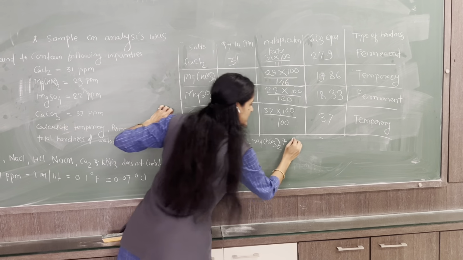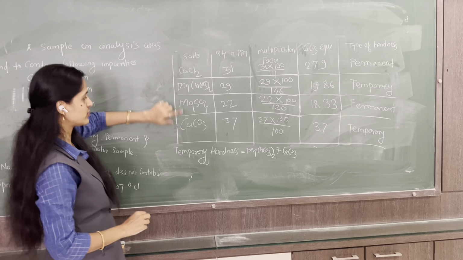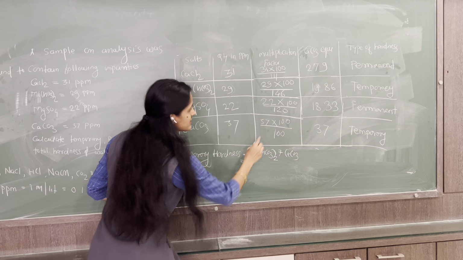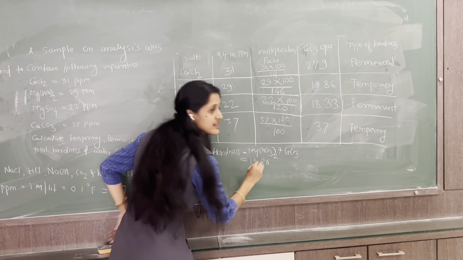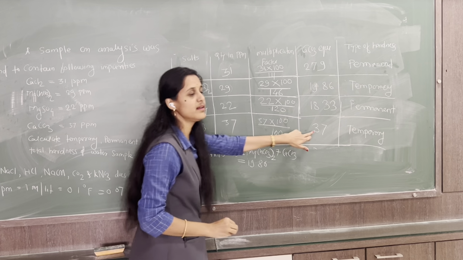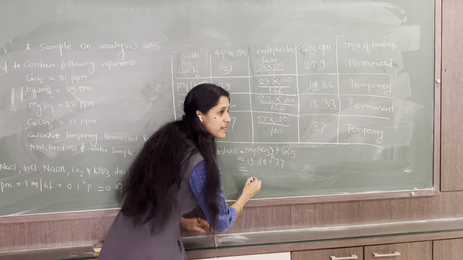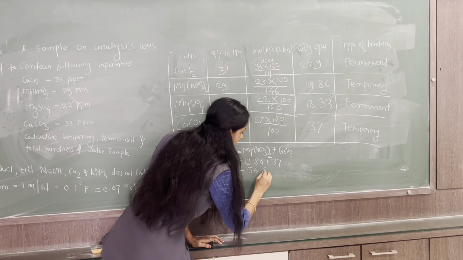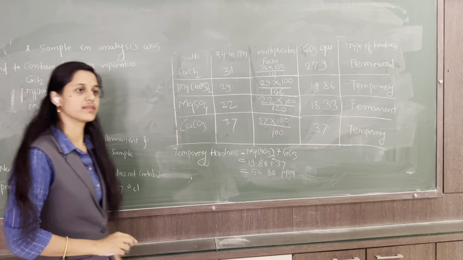So you have to write these two salts. The Mg(HCO3)2 hardness is 19.86 plus CaCO3 37. What is the total? 56.86. Don't forget to write the ppm.